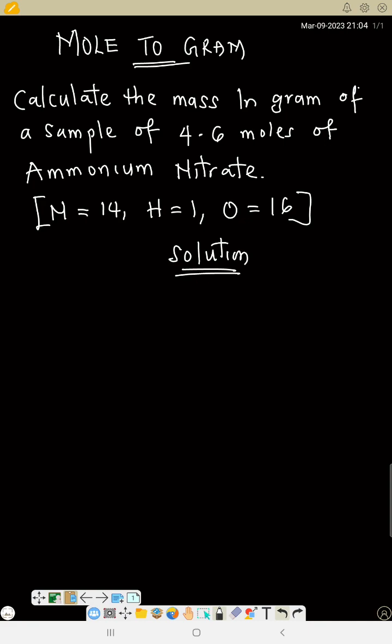So first we have to know the chemical formula for ammonium nitrate. So we have done this before. How to name a binary compound with polyatomic ions. So ammonium nitrate. Now what is ammonium?